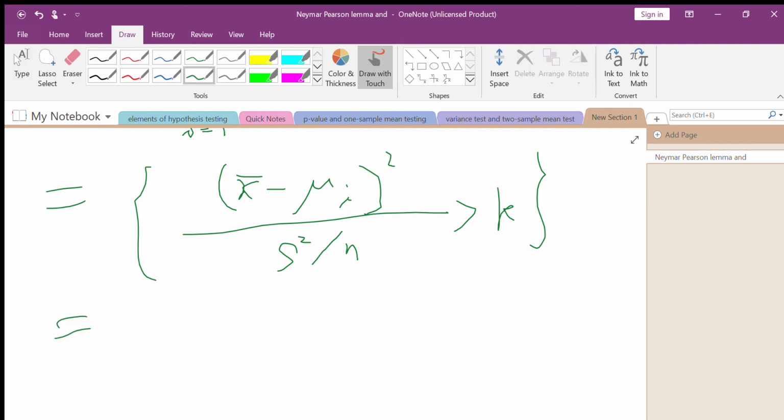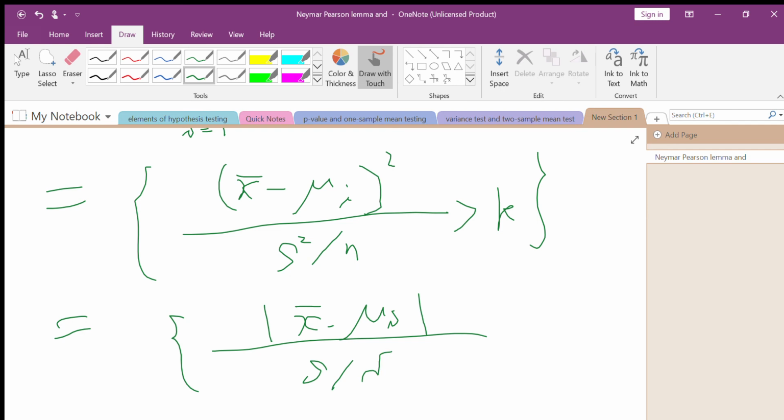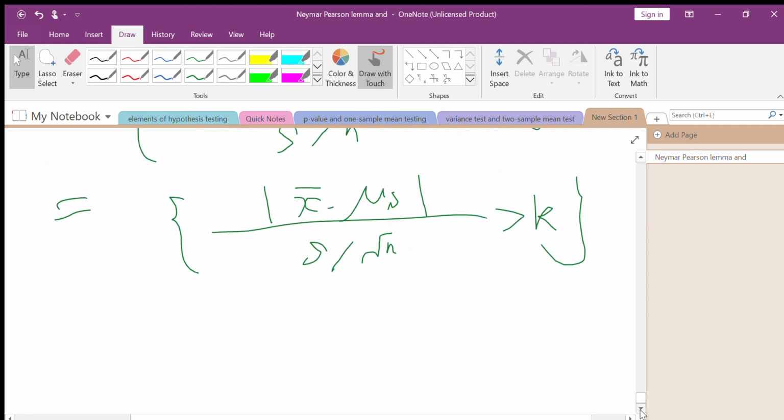And then we can further simplify to make it an absolute value: absolute value of x bar minus mu 0, taking the square root, divided by small s, the square root of the sample variance, divided by square root of n, greater than k. k is just notation to record some arbitrary constant. We don't need to specify it at this time.